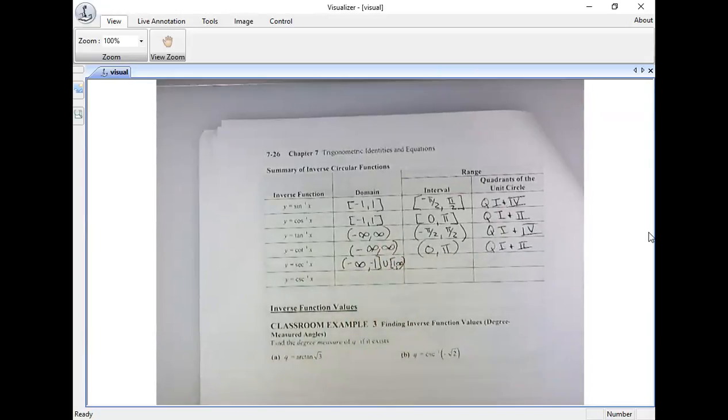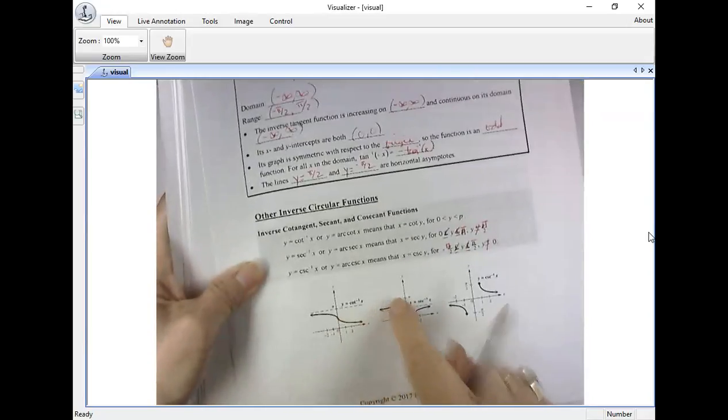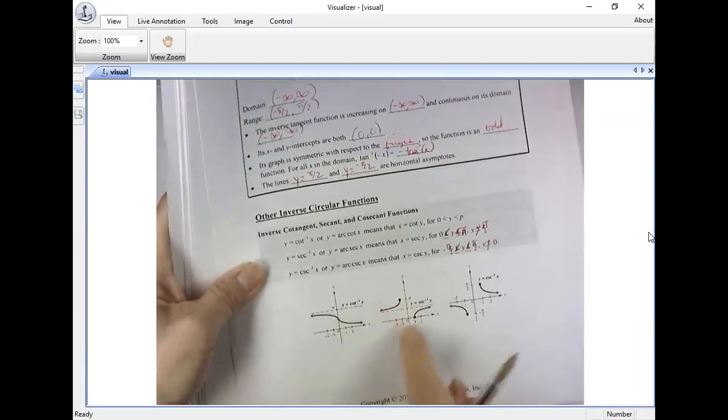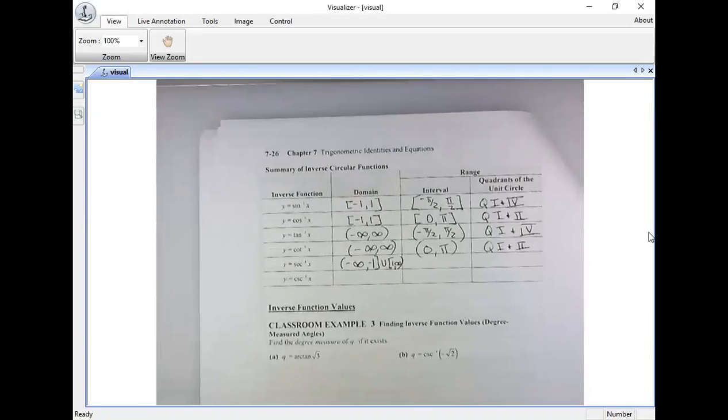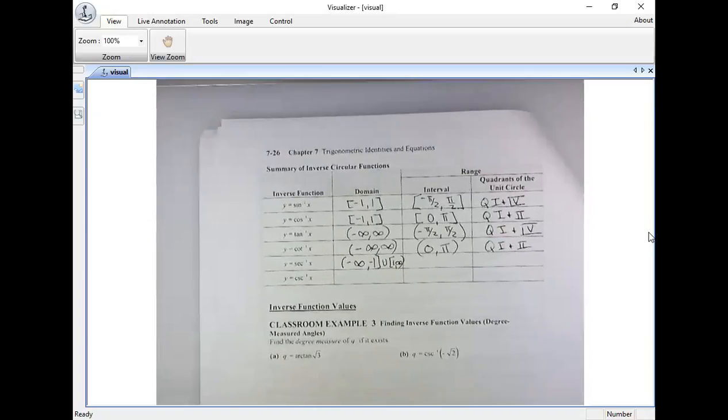Okay, and if you look at that graph, you can see this goes on forever until it gets to -1. We've got a gap. It starts back up at +1 and goes on forever. Now the interval where we have this is restricted from where to where?